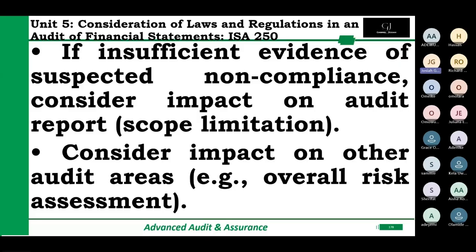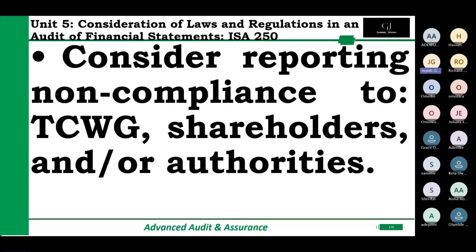So they need to consider the high risk areas in consideration of the laws and regulations and their compliance, in the audit of financial statements. They need to also consider reporting non-compliance to those charged with governance, shareholders and authorities.